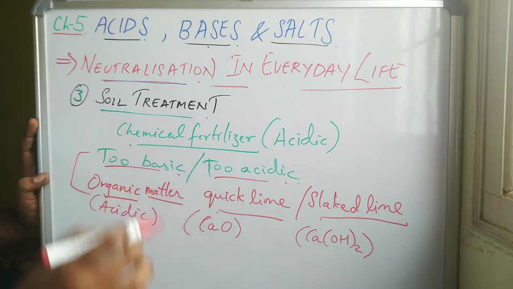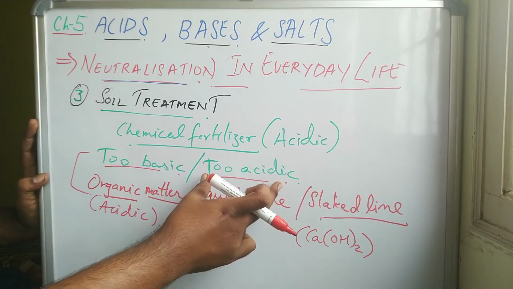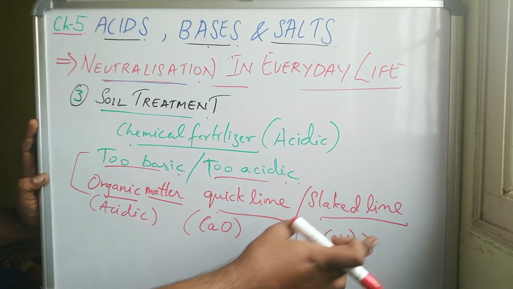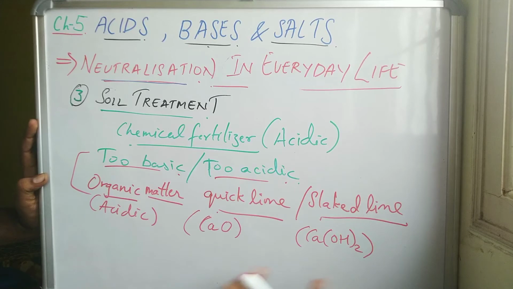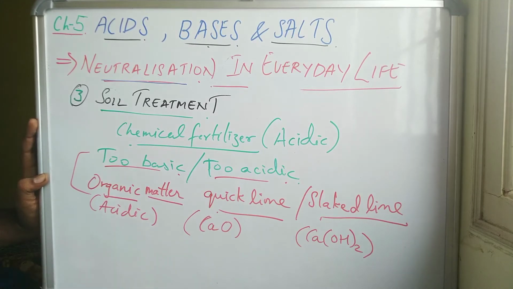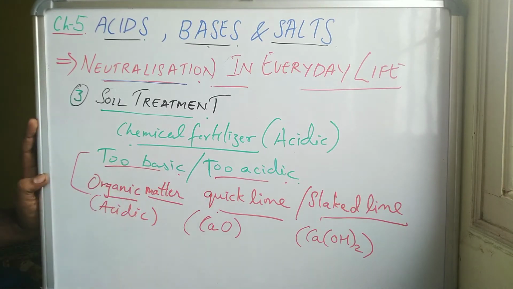Same concept. So two cases we have taken. One is when the soil has too much acid, you treat it with quicklime or slaked lime, calcium oxide, calcium hydroxide. When it is too basic, you treat it with organic matter, because organic matter releases acid, so it gets neutralized.